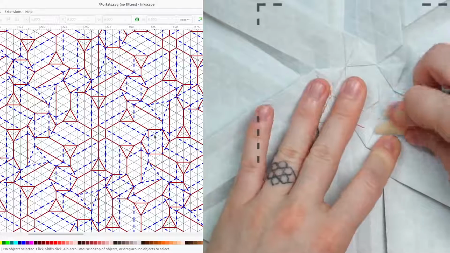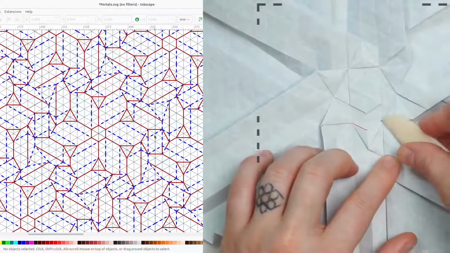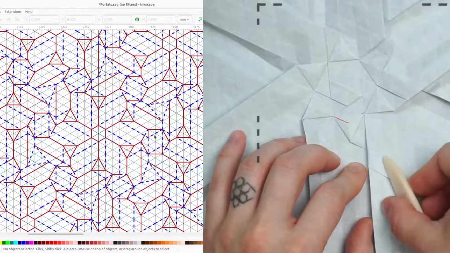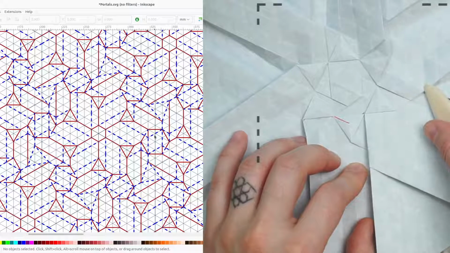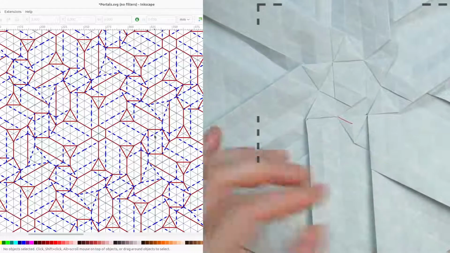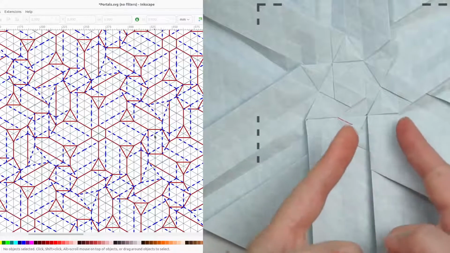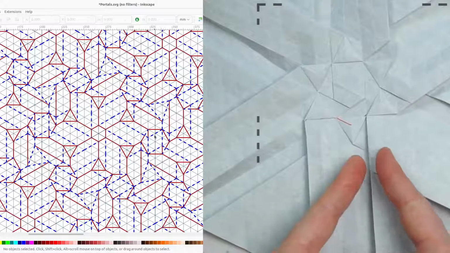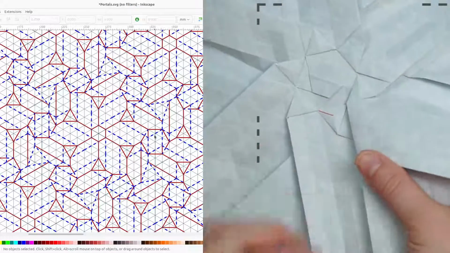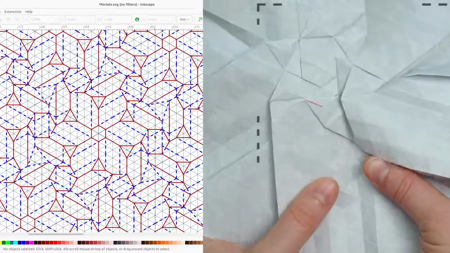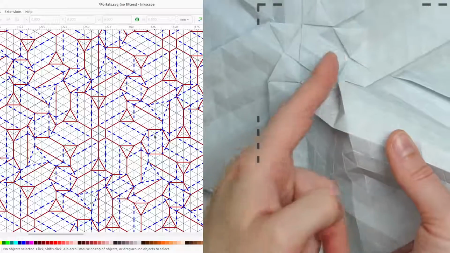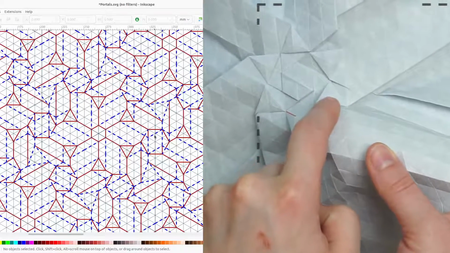Now, this last triangle around the hexagon had pleat overlaps in 2 different directions. One of them is the exact same overlap that we've been doing, and the other one is the same pleats but overlapped in the opposite order. So in order to make them all the same, I'm going to open the pleat overlap, and this is the triangle that I folded last.